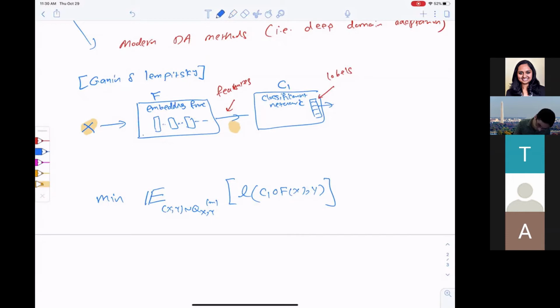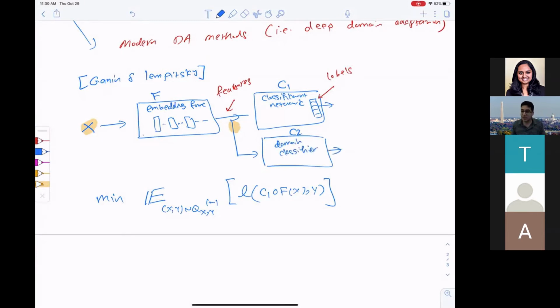Let's say C2, but this classifier is not interested in classifying the labels. The goal is to classify samples by looking at their features to see if they come from either the source domain or the target domain. So this is the domain classifier.